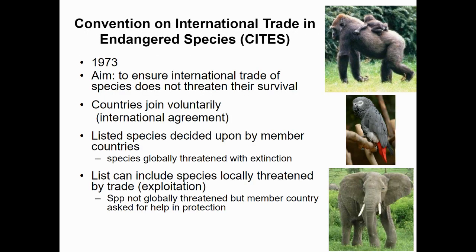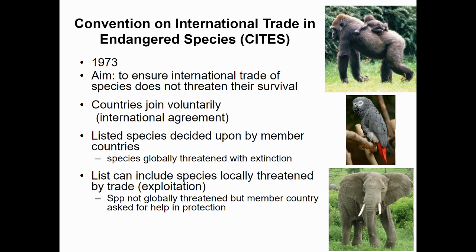In 1973, the Convention on International Trade in Endangered Species was formed with the intent to ensure international trade of species doesn't threaten their survival. We ask countries to join voluntarily, but basically the understanding is if a species is succeeding out in the wild but could be in danger, we're not going to remove that animal from the wild.